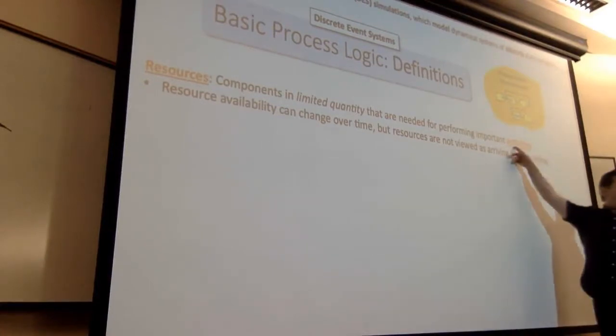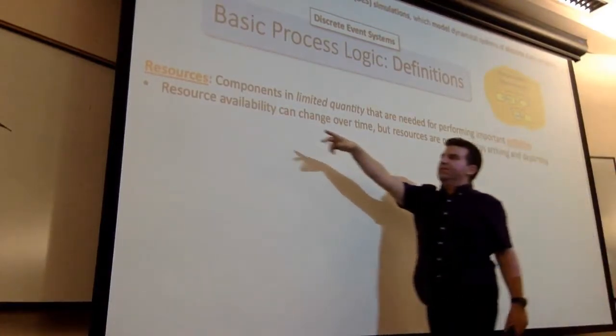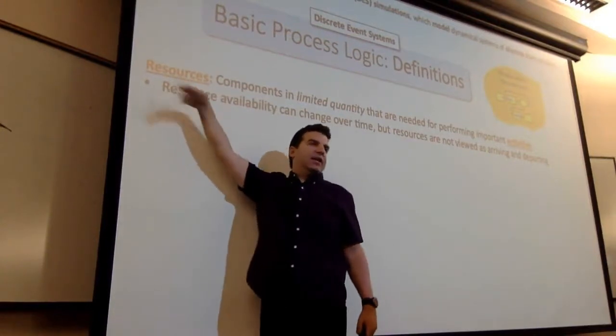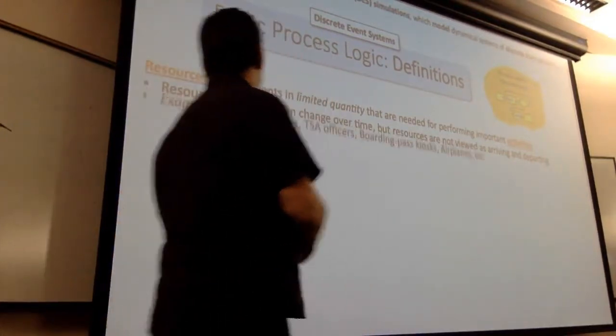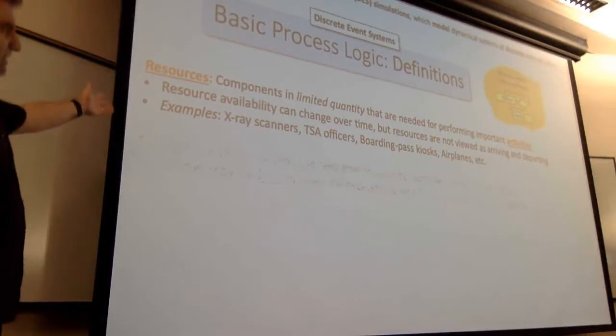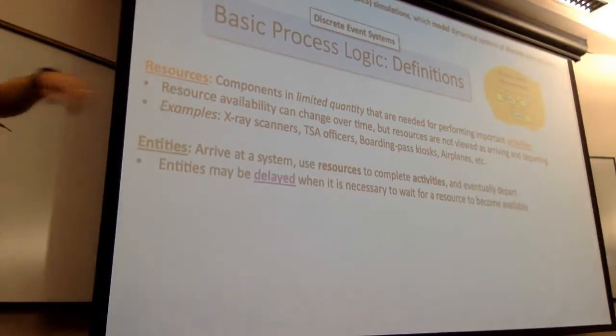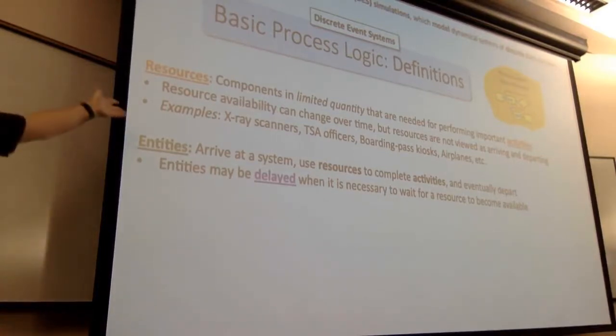But in order to perform them, you need resources, and there's only going to be a limited number of them, and that's what's going to cause people to wait on those resources. So I gave these examples already, X-ray scanners, TSA, etc. Entities are the things that wait on the resources. So entities come and go where resources generally are always there. You certainly can take a resource away in the middle of a simulation.